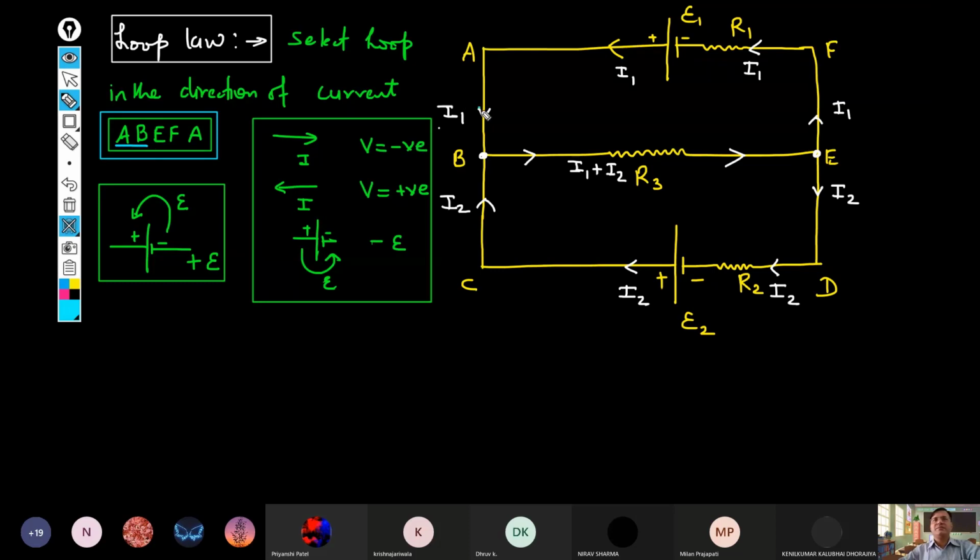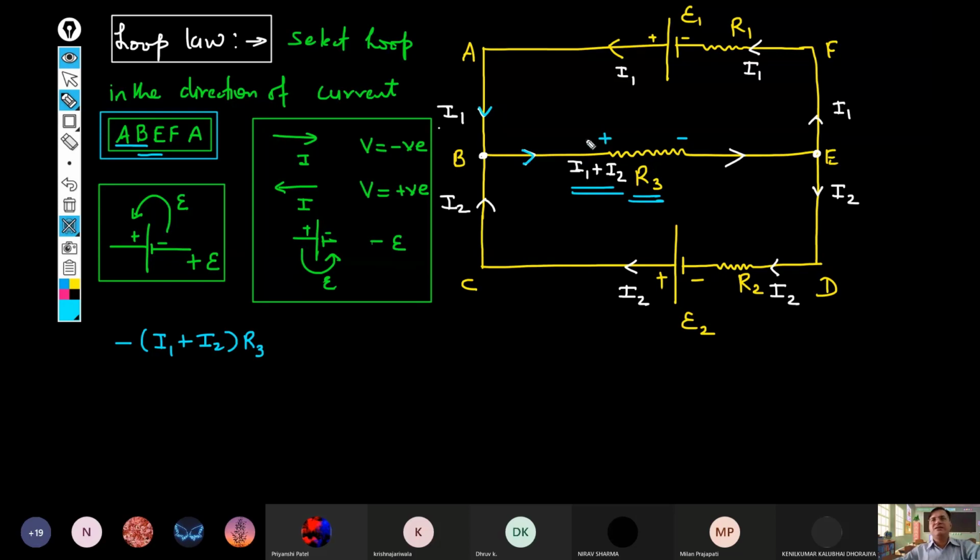No potential drop from A to B. Now from B to E, the resistance is R3, current is I1 plus I2, and we are moving in the direction of current, so we will take a minus sign first of all. Then we will write I1 plus I2 and resistance R3.